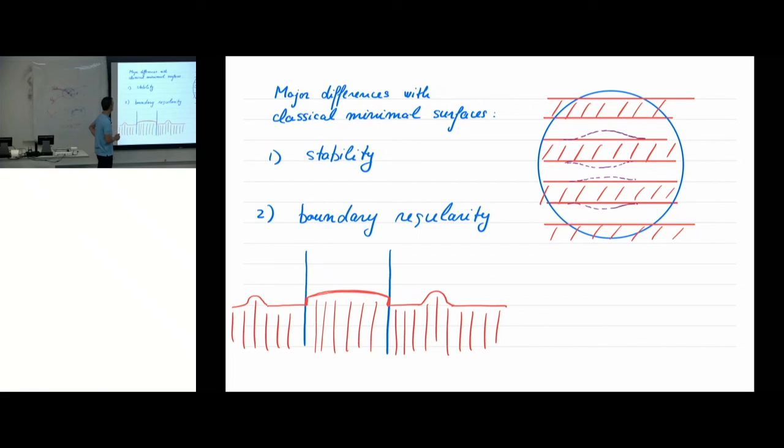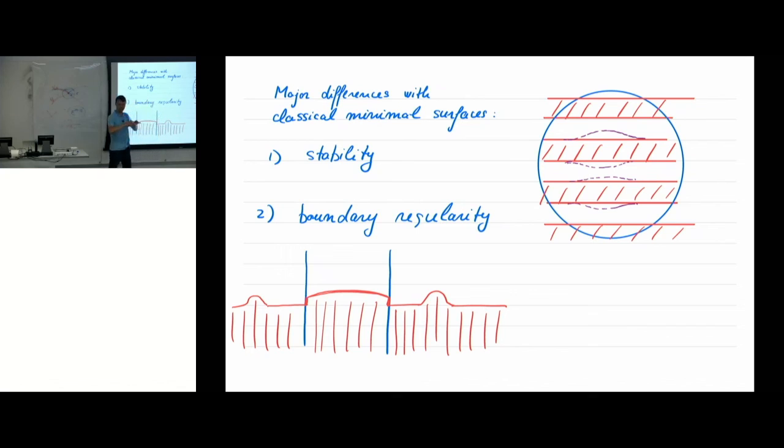Between the non-local and the classical, one is about stability. Stability means I'm not only assuming I'm minimizing, but I'm minimizing only under infinitesimal perturbations. So if you look at this situation in which you have a bunch of parallel sets, E is given by this, and the complement of E like this.